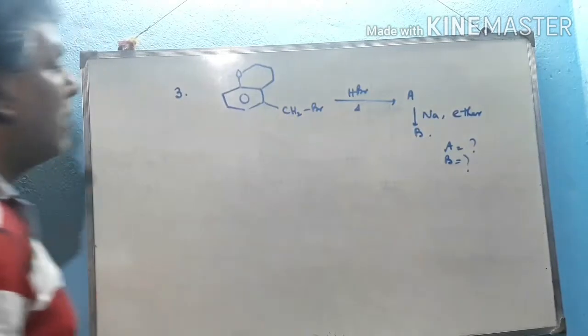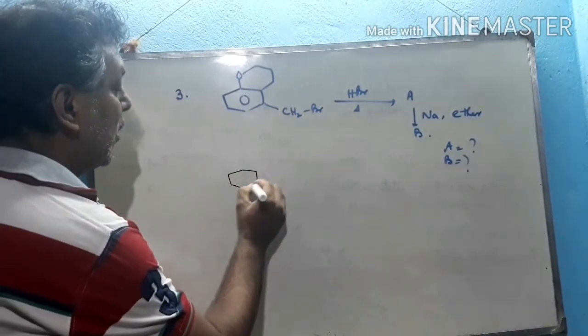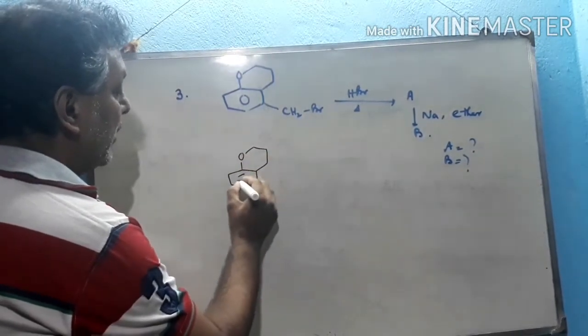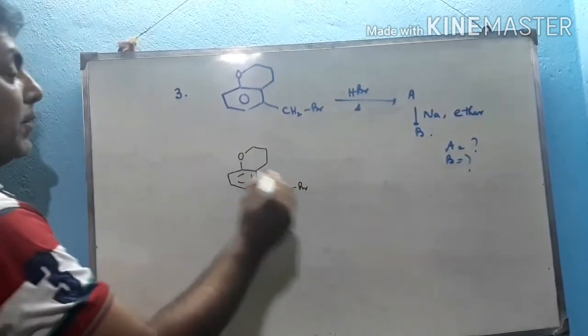Now how does the first compound A come? This is the structure of the initial compound given in our question, with CH2Br, but this is an ether.